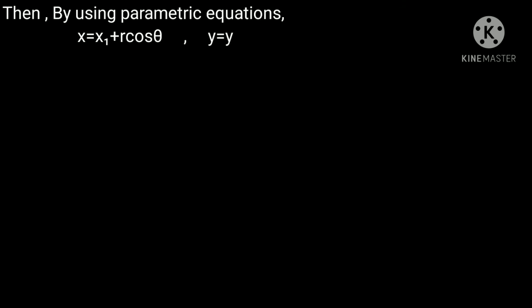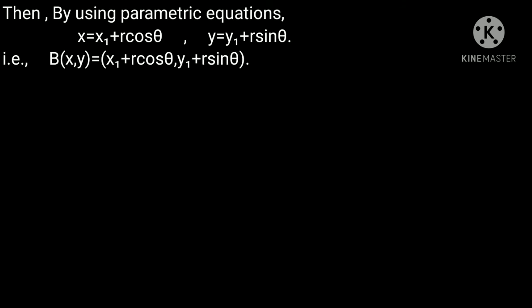Then, by using parametric equations, x equal to x1 plus r cos theta, y equal to y1 plus r sin theta. That is, B (x, y) equal to (x1 plus r cos theta, y1 plus r sin theta). Substituting the x1, y1 and r values, B equal to (2 plus 3 root 2 cos theta, 1 plus 3 root 2 sin theta).